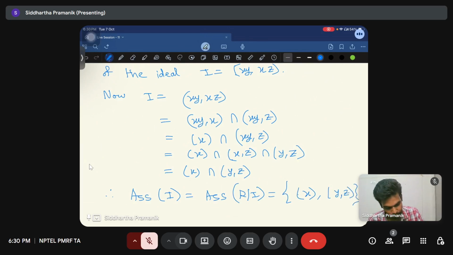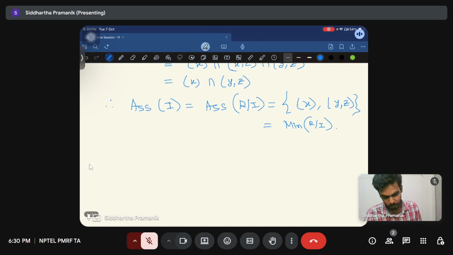But these two primes are minimal primes because they are incomparable. So this is the same as the minimal primes of R mod I. So now we can find the dimension of R mod I.